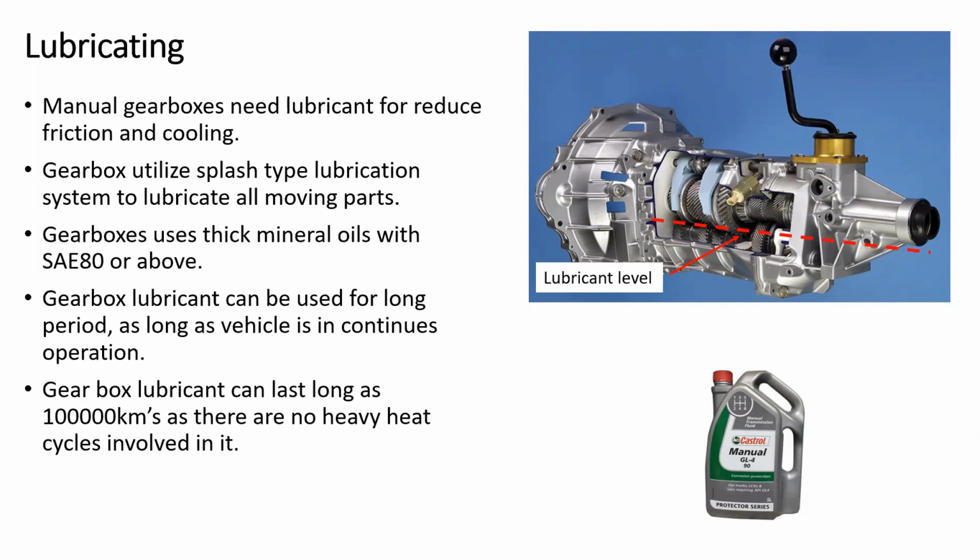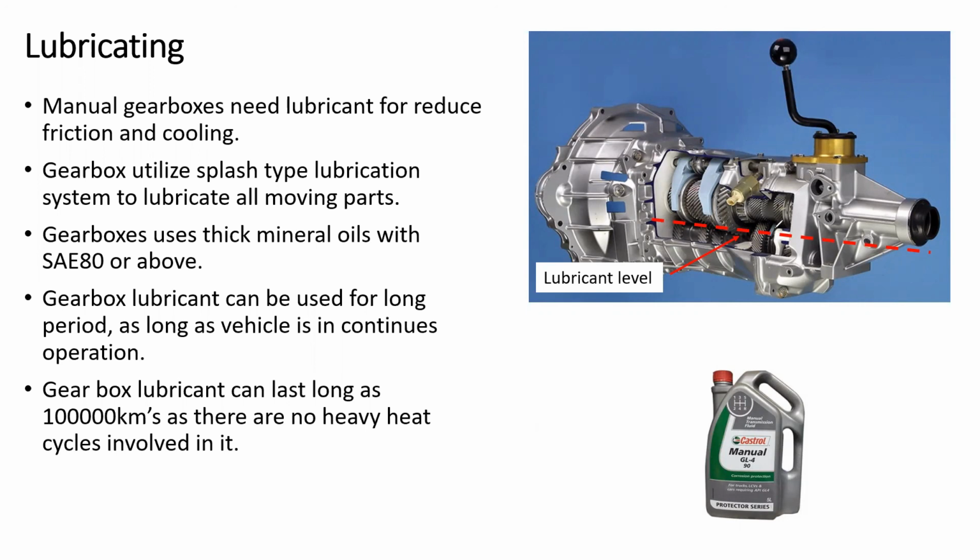For example, the splash can lubricate this extension housing and the output shaft. For this section over here, not much lubrication is necessary, as it can use Teflon or hard plastic materials along with grease. So it's not a big issue, but lubrication of the rest of the components is the important one.